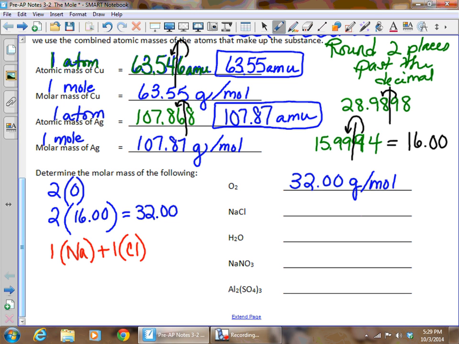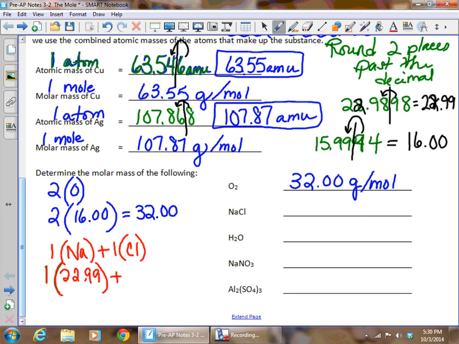That 9 says to round up, so the molar mass is 22.99. I'm sorry, it's not 28.98, it's 22.9898. So 22.99 for our molar mass of sodium. So we've got 1 times 22.99.